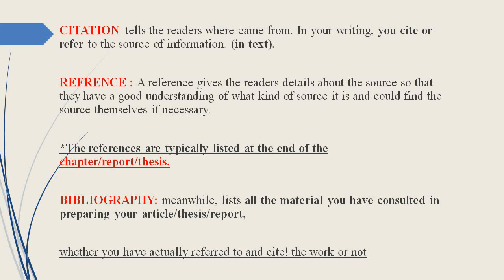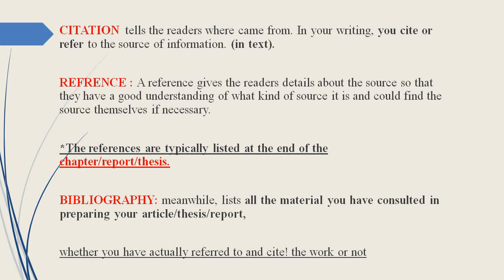Bibliography is a list of all material that the researcher may have consulted in preparing that report or article or thesis. So it covers all kinds of materials, not just those which have been cited directly or given a detailed reference, but also all those materials which you may have just read, or not referred to directly, but indirect sources.